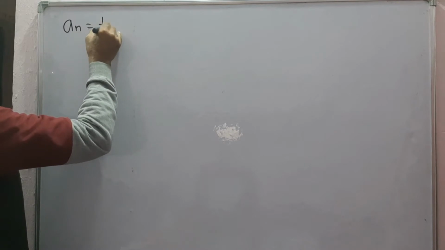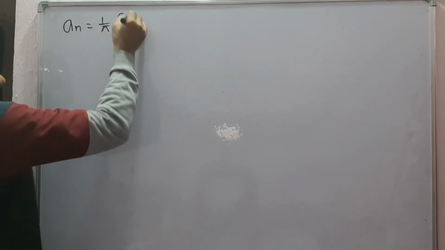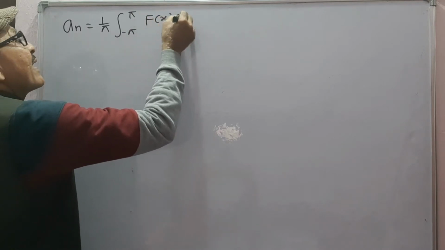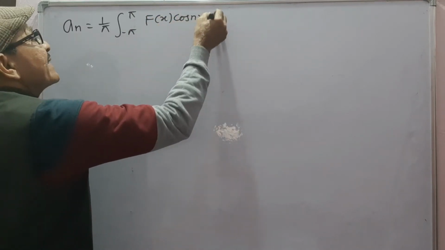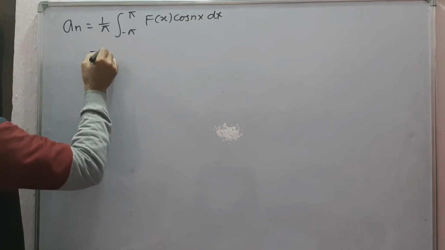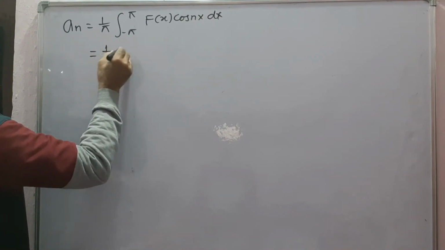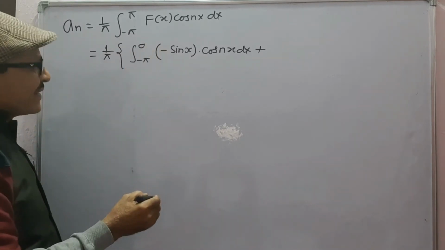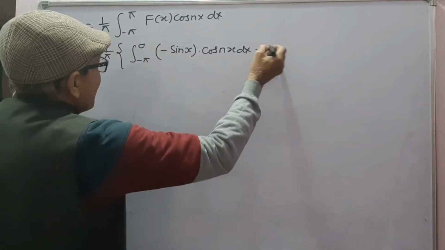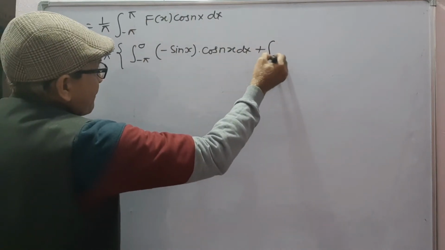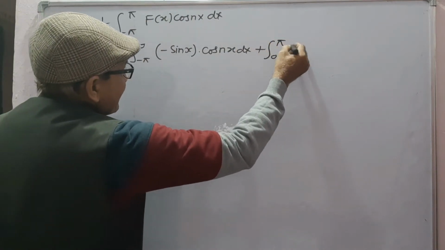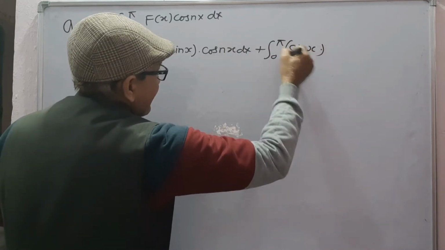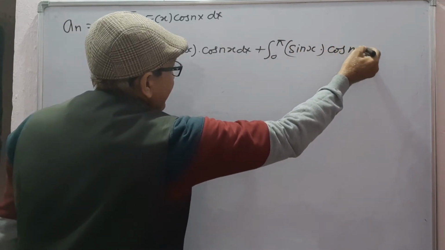a n will be 1 upon pi integral from minus pi to pi f(x) cos nx dx. This is 1 upon pi, minus sin x, and from 0 to pi, f(x) is sin x into this cos nx dx.